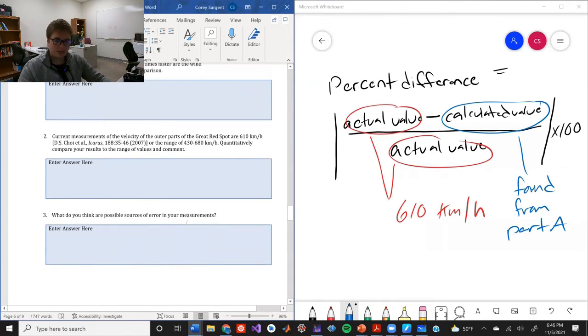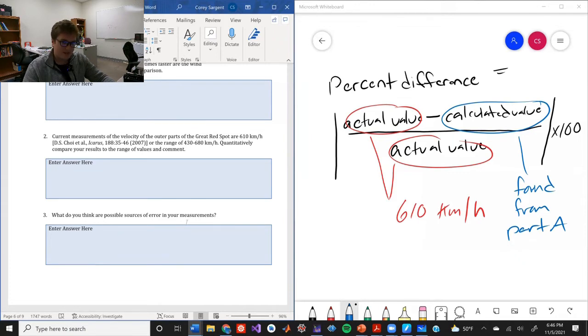Question 3 asks you, what do you think are possible sources of error in our measurements? Well, what is the first thing we assumed here? We assumed that we knew what the circumference was. And thinking back to how we found the circumference, we pretty much just estimated. We said it looked kind of like 1.25.